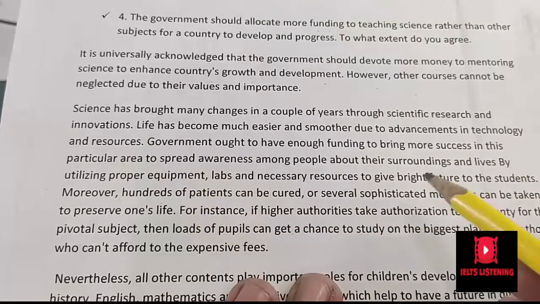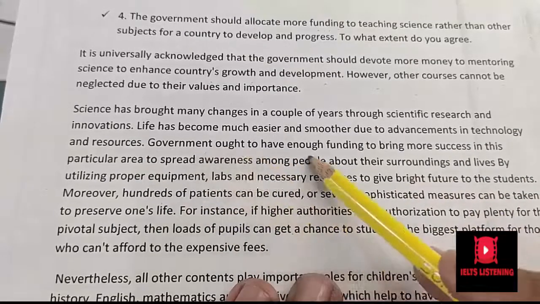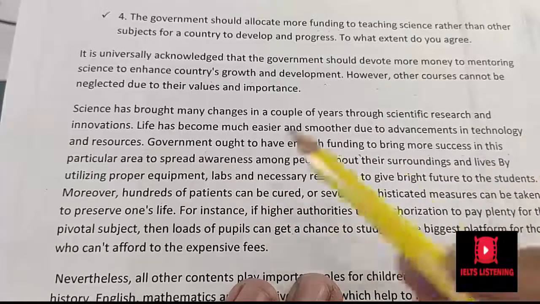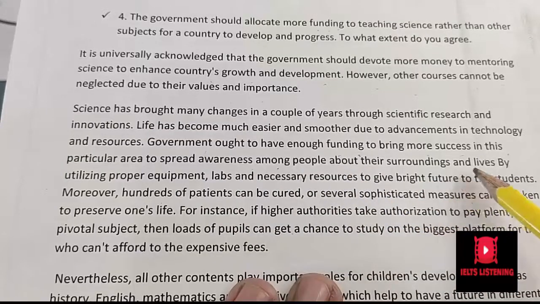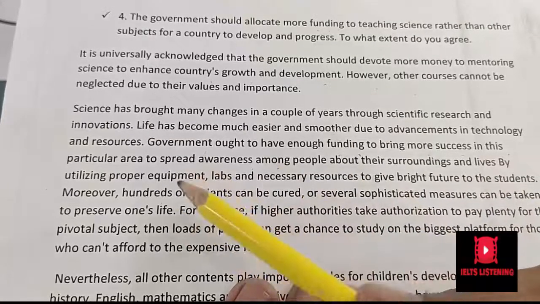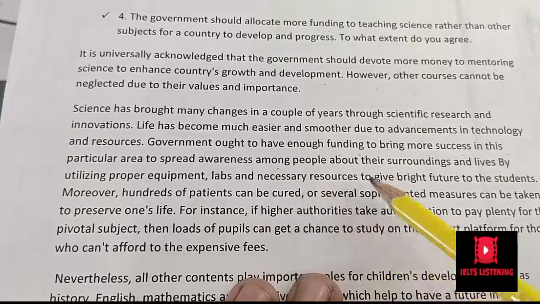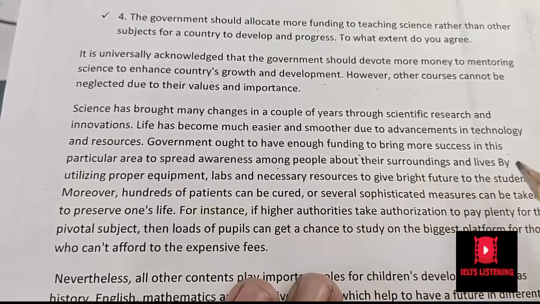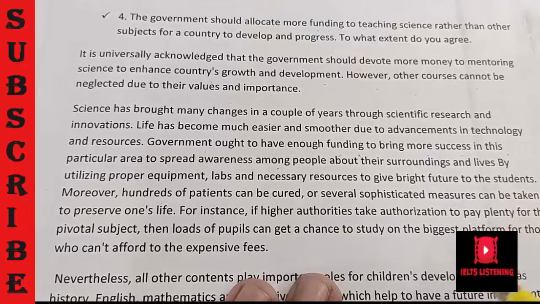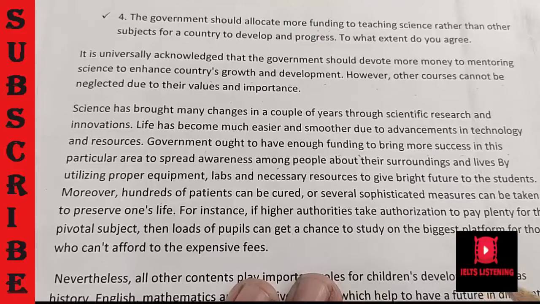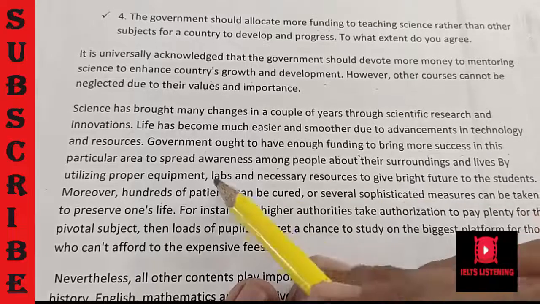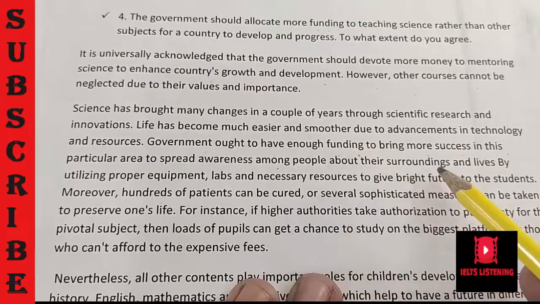So the government ought to provide enough funding to bring more success in this particular area, to spread awareness among people about their surroundings and lives by utilizing proper equipment, labs and necessary resources to give a bright future to the students. So this is how we can see how science has changed our life, and for that we need more resources, labs and equipment to use. So this is how you can write your BP1 paragraph.